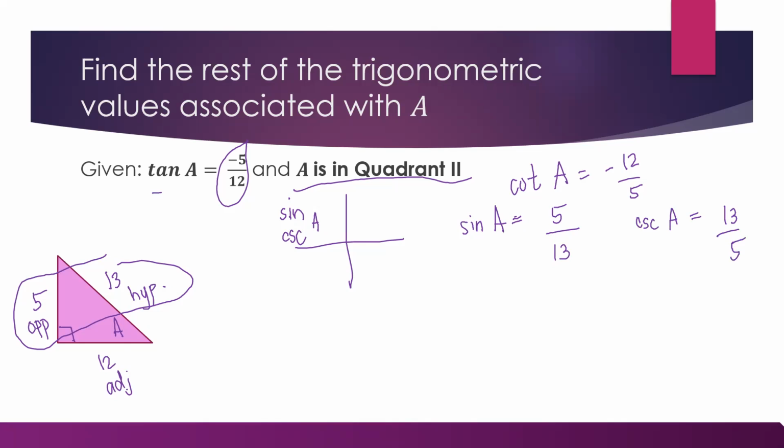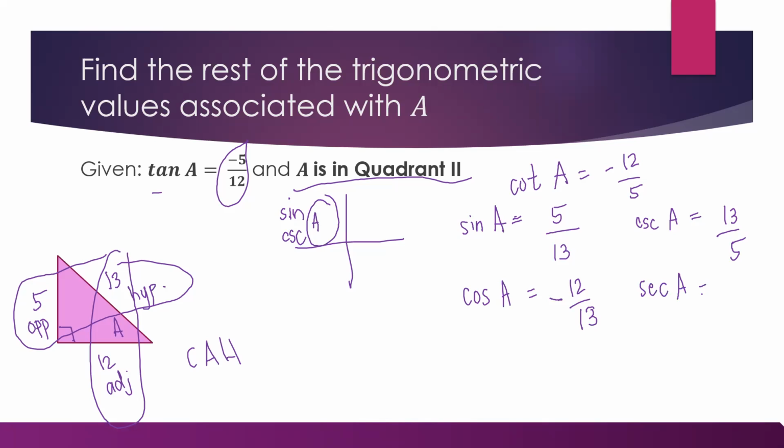Let's go to SOHCAHTOA. That would be adjacent over hypotenuse. So, cosine A is 12 over 13. But then again, this will be negative because where is it? It's in the second quadrant. And of course, the reciprocal of cosine will be -13 over 12.